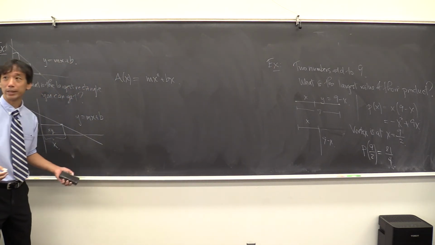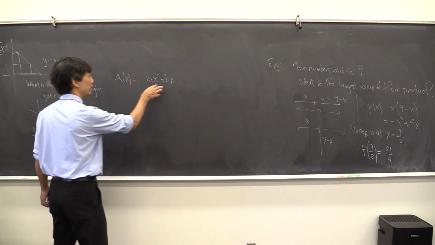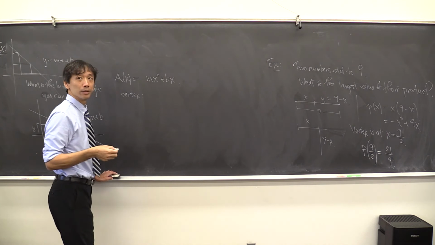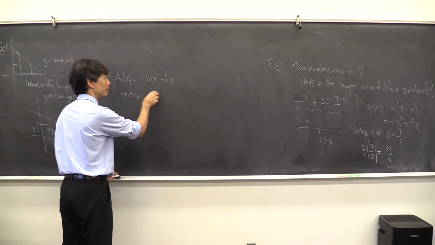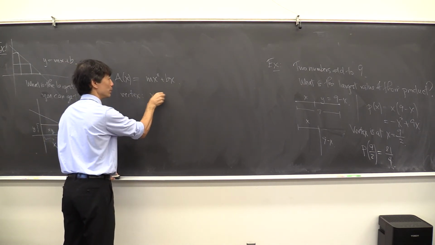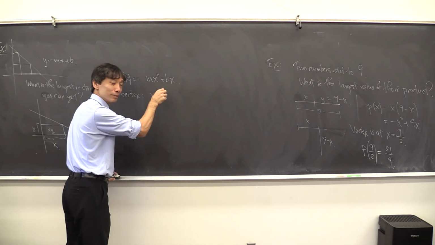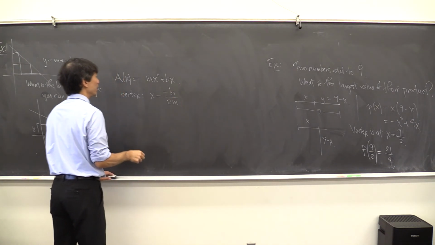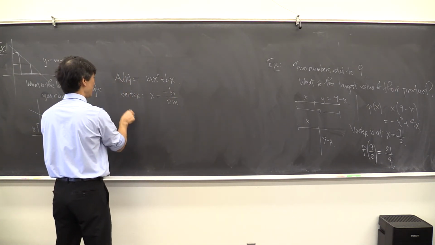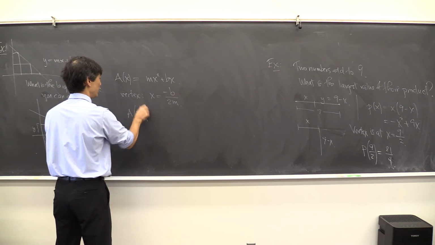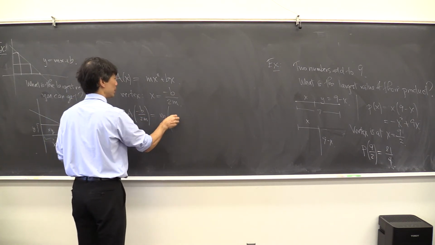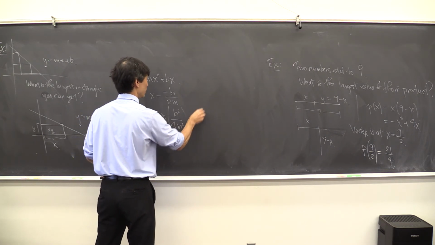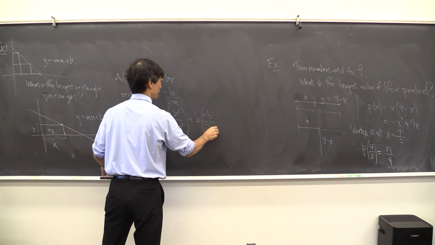And then we play the game that we've been playing. The vertex is going to occur at what point? When x is equal to negative b over 2m. And so at that point, the area is going to be m times b squared over 4m squared plus b times negative b over 2m.